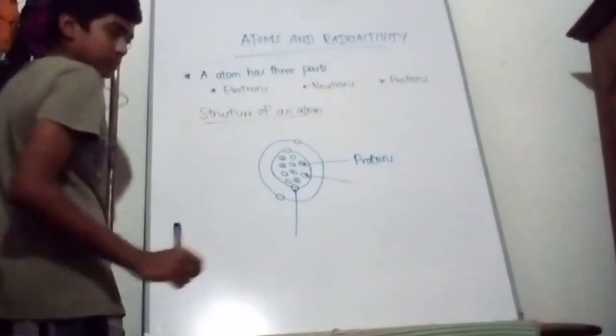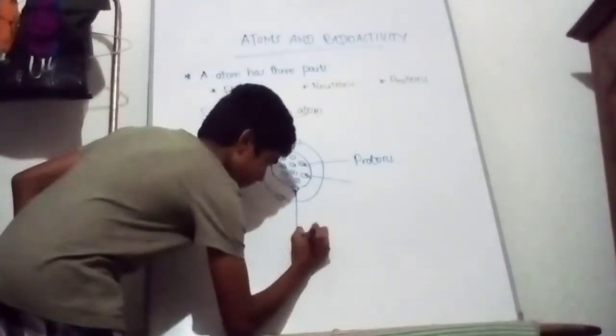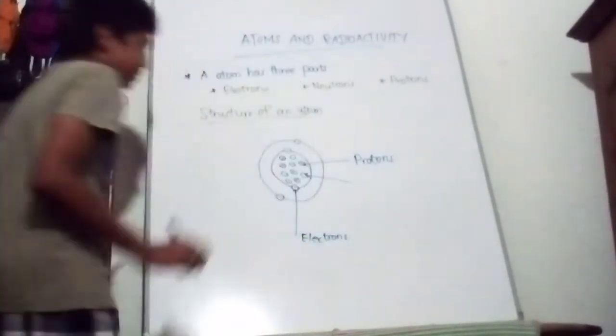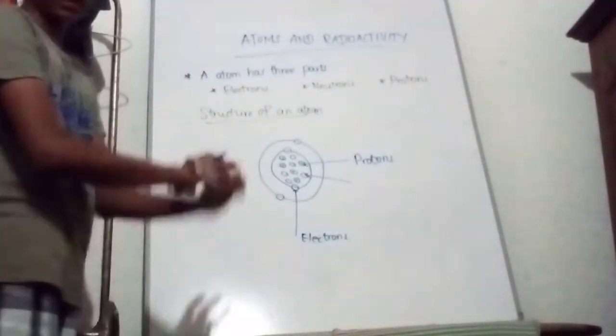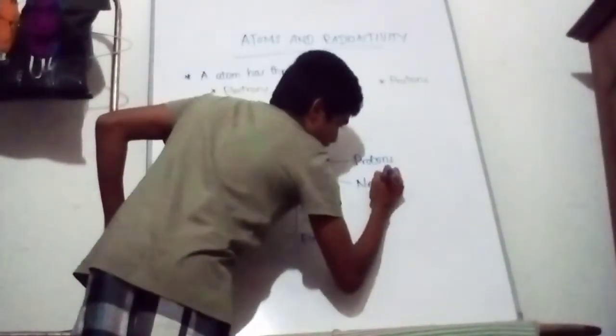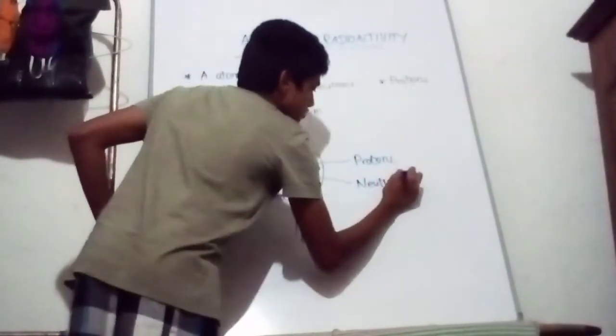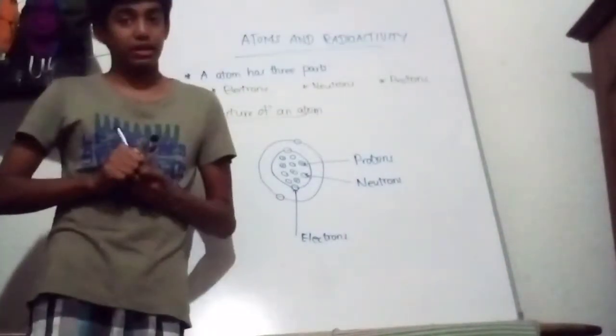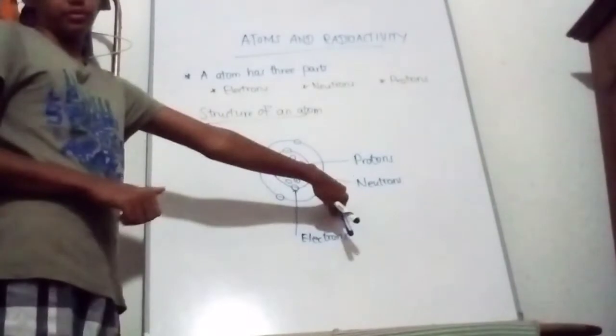These minus ones are electrons, and these which I have not marked anything are known as neutrons, because they are neutral, so I can't mark anything.